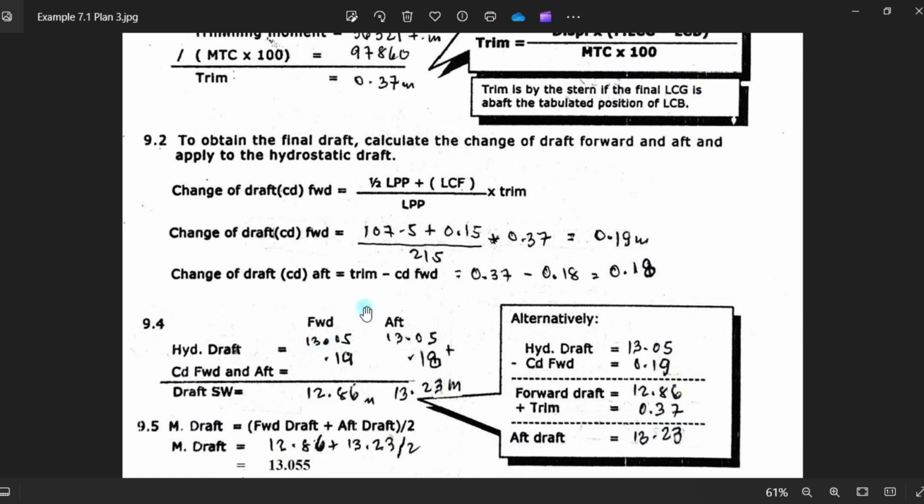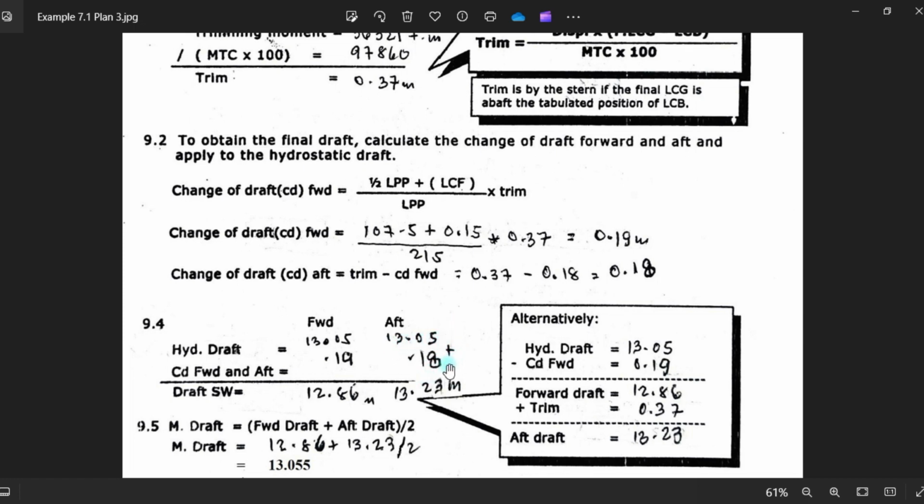Now, since you are trimmed by the stern, forward will be rising up and aft will be sinking down, sinkage. So since you are rising in the forward, it is 13.05 minus 0.19, and aft draft is 13.05 plus 0.18 because you are going to sink.